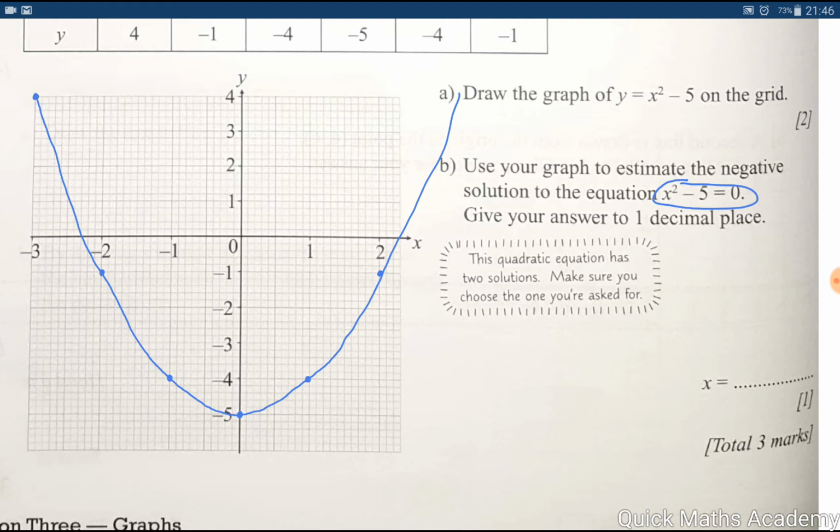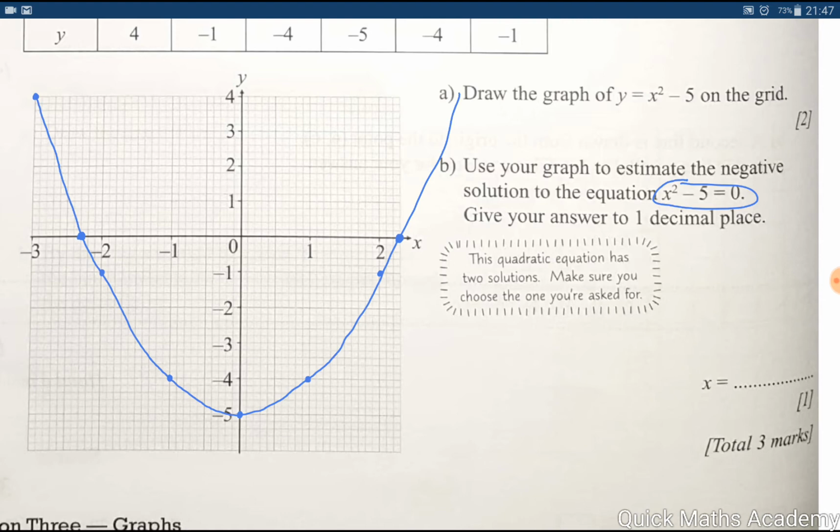I will say it again: it is where the function touches the x-axis. And that will be at this point here on the positive side, and at this point here on the negative side. And they are asking you for the negative one, to estimate the negative solution of the equation. And give your answer to 1 decimal place.